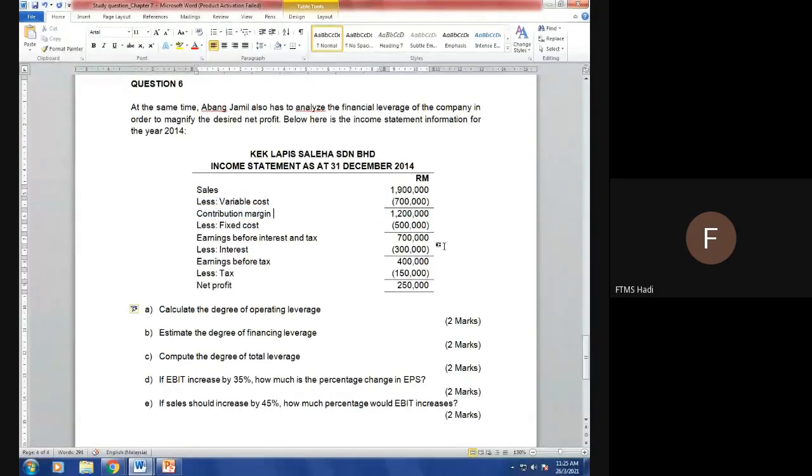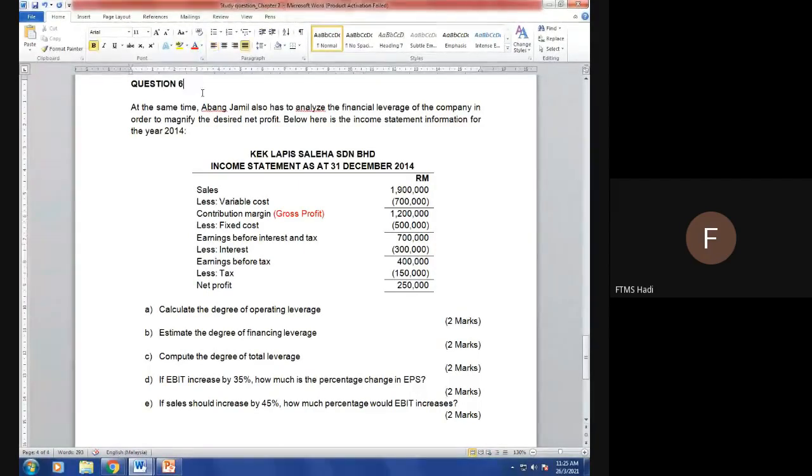Please bear in mind that the other name for contribution margin is gross profit. Less fixed cost, it becomes EBIT, earnings before interest and tax. Less interest, it becomes earnings before tax. Less tax, it becomes net profit.